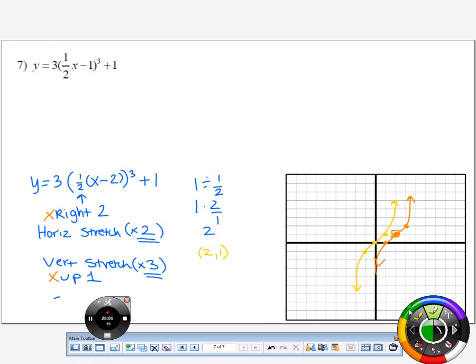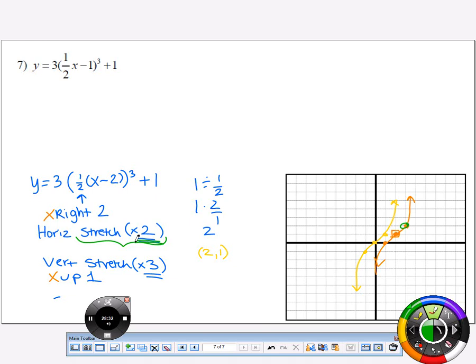So horizontally, we're stretching by a factor of 2. So currently, this point right here, how far is it horizontally from the vertex? 1 unit, right? Just looking at the horizontal distance, it's 1 unit away. When I multiply that by 2, how far is it going to be away now? 2 units. So redraw it 2 units away horizontally. So here is my vertex point.